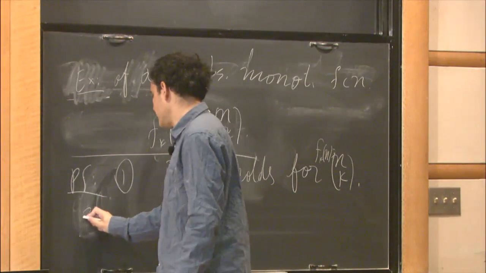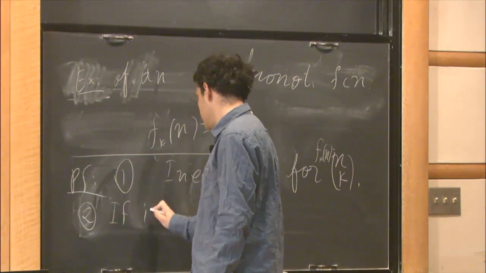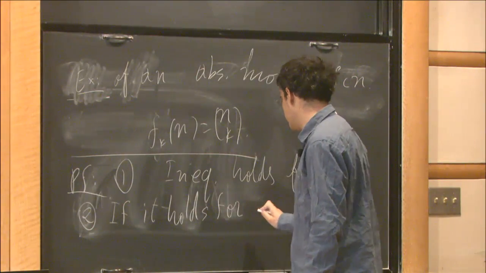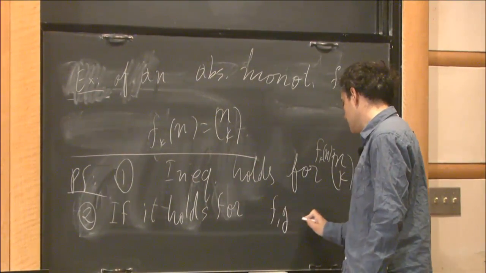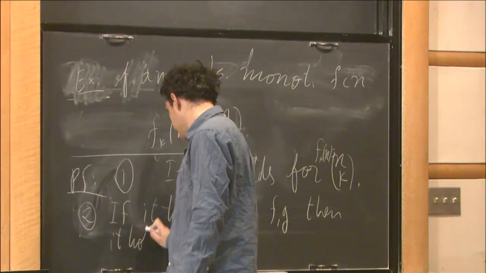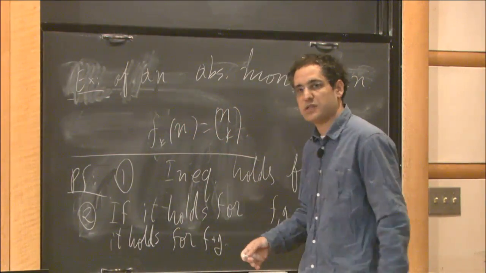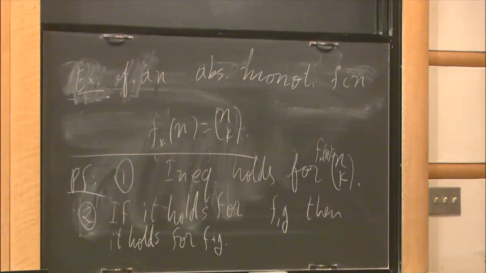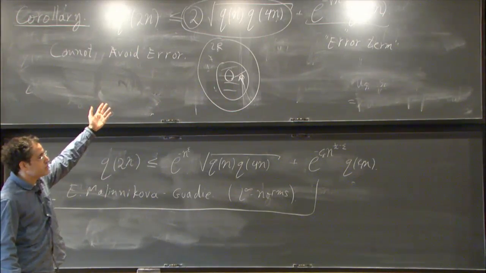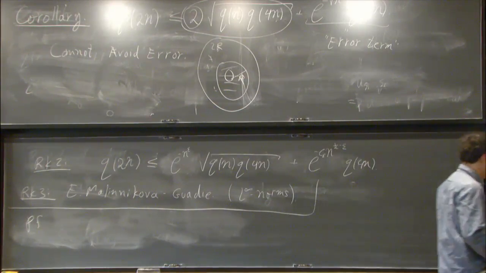And the second part is to show that if it holds for two functions, f and g, then it holds for the sum also. And this is also easy. It is well known that logarithmic convexity holds for a sum of functions if it holds for each of them. And for the error term, it also adds up.